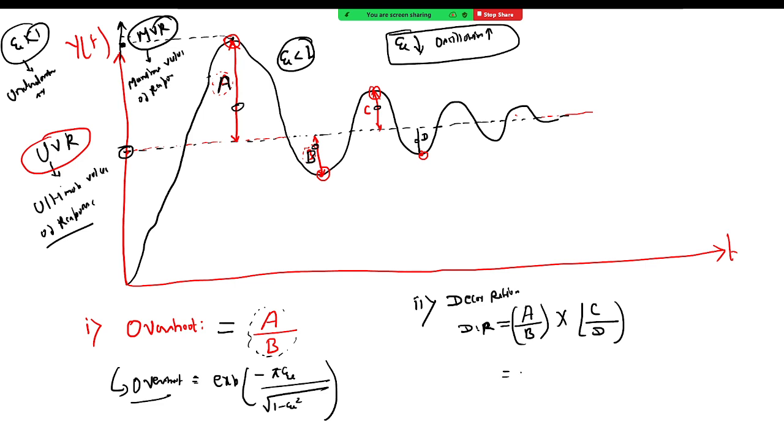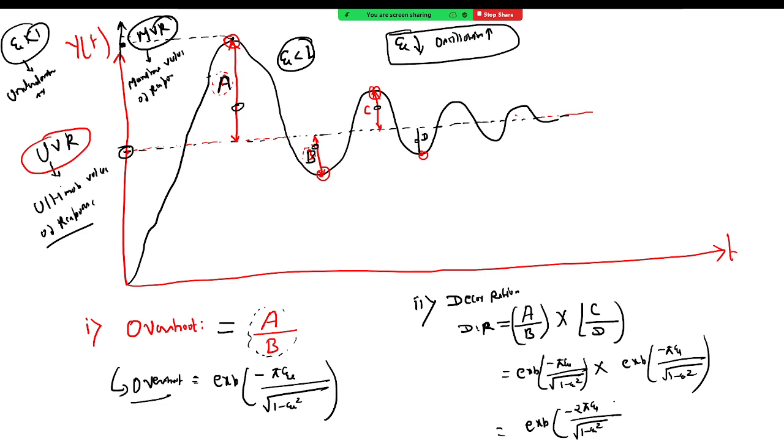So I can write exponential of minus pi zeta over root of 1 minus zeta square multiplied with exponential of minus pi zeta over root of 1 minus zeta square. So this is exponential of minus 2 pi zeta over root of 1 minus zeta square, or directly, overshoot whole square. Any doubt?